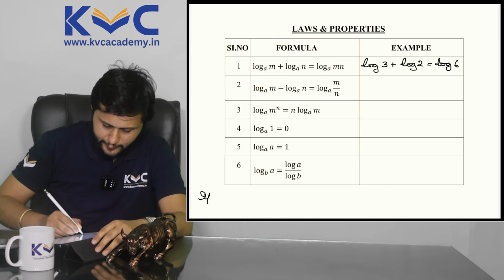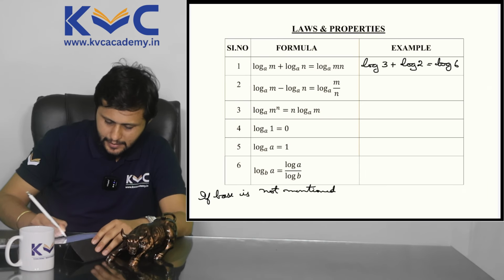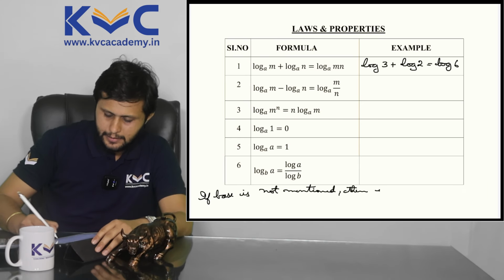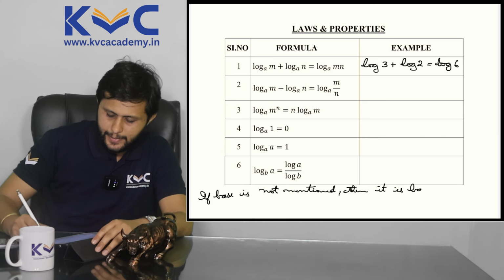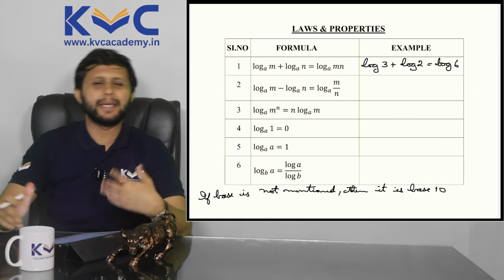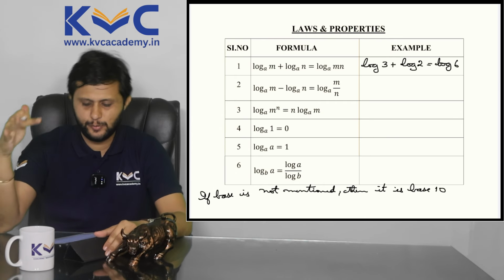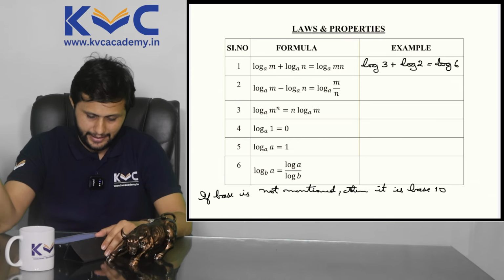Let me write that. If the base is not mentioned, then it is base 10. It's always base 10. We have base e also, that I'll teach you when we reach calculus, that is differentiation and integration. For now, we will take base 10.